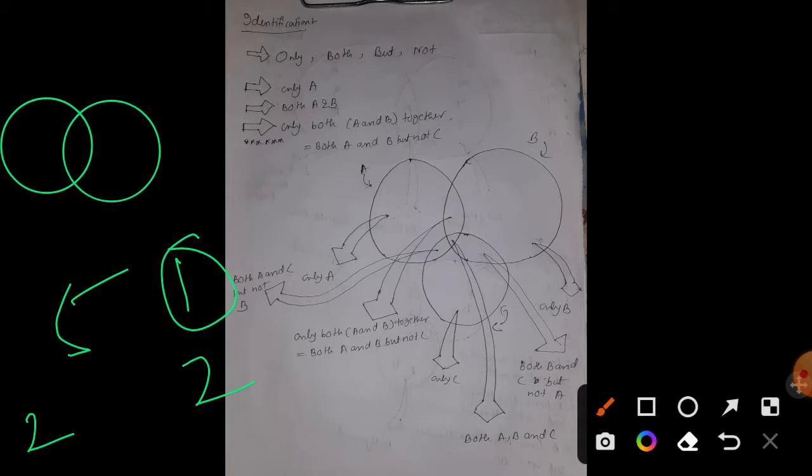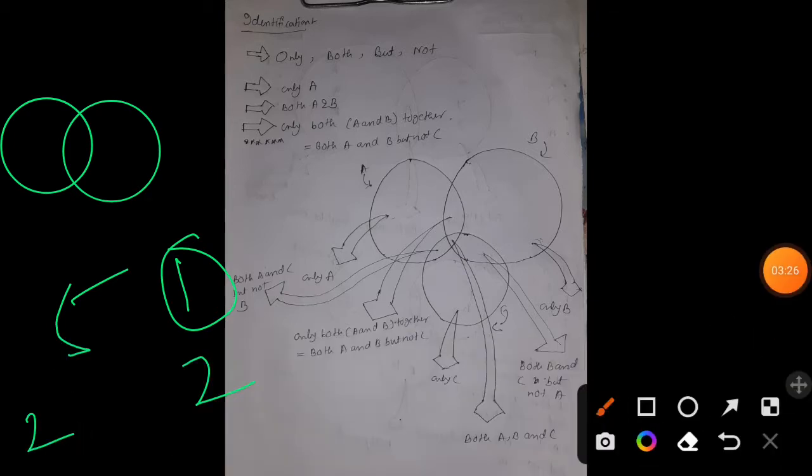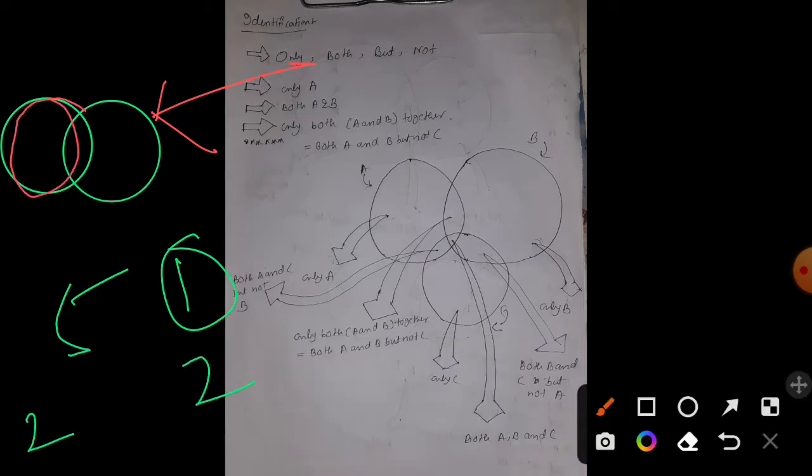Here remember, we will draw a circle for each particular character, or you can say particular statement. For example, we have allotted this circle for Cristiano Ronaldo, and this one is for Lionel Messi.